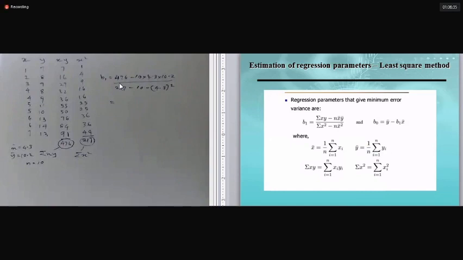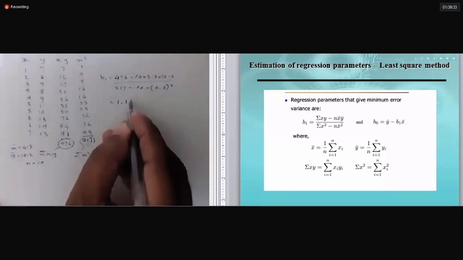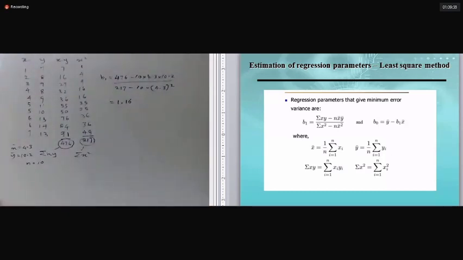Now please calculate this value. Can somebody calculate this?